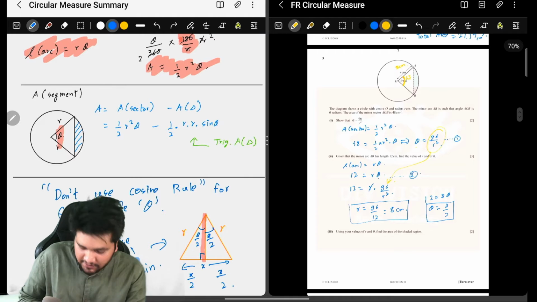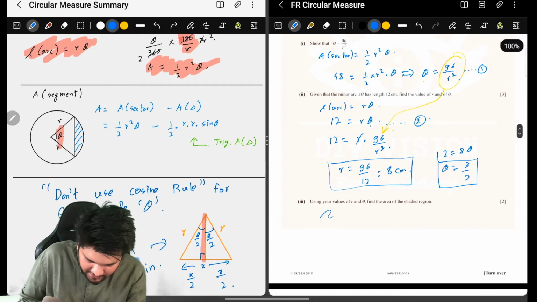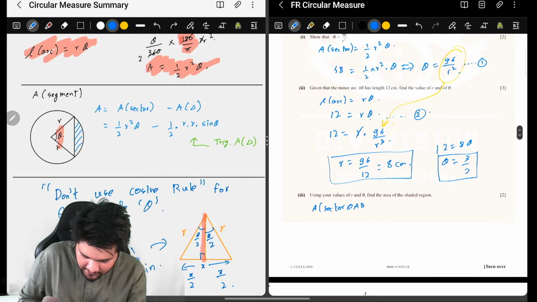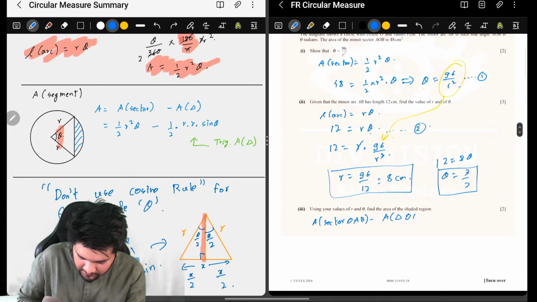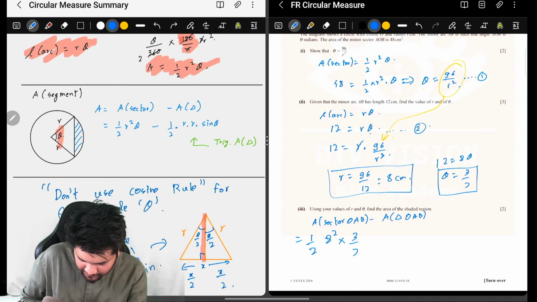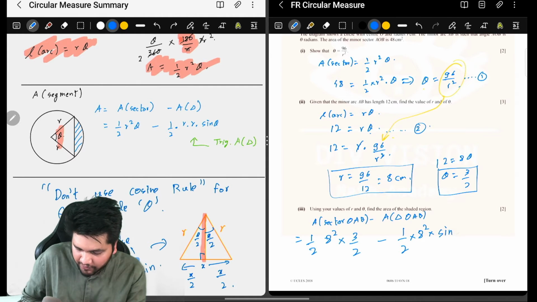As you can see, the area of the shaded region is going to be area of sector minus area of triangle. So area of sector OAB minus area of triangle OAB, which is nothing but half r square theta. Radius we know it's going to be 8, so 8 square into theta, which is 3 by 2, minus area of triangle, which is going to be half r square, so 8 square, into sine of 1.5 or 3 by 2, whatever.